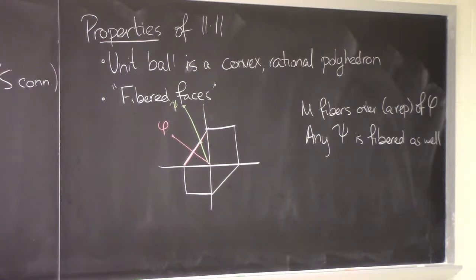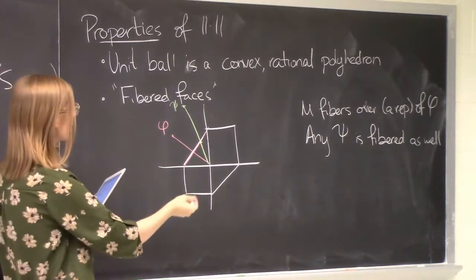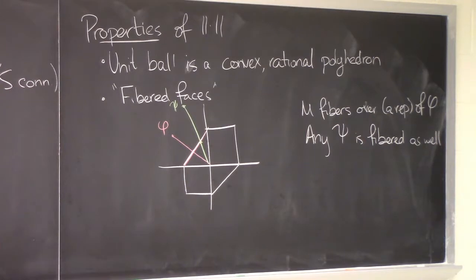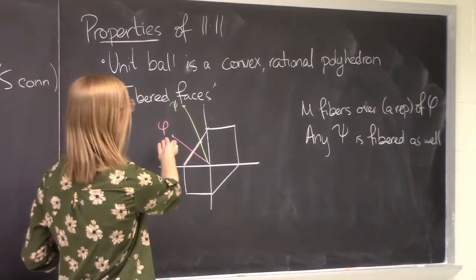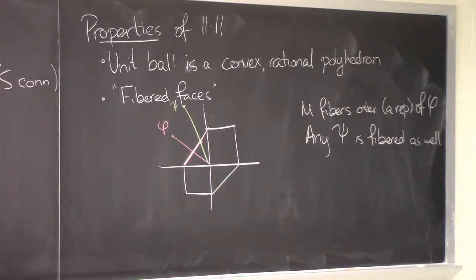So this is pretty remarkable. We tend to like fibered classes because this surface within our three manifold really tells us almost all of the information we want to know about the three manifold itself. We just need the extra information of the monodromy as we glue this back together. And this tells us that if we have one fibered homology class, we can find a lot more very easily.